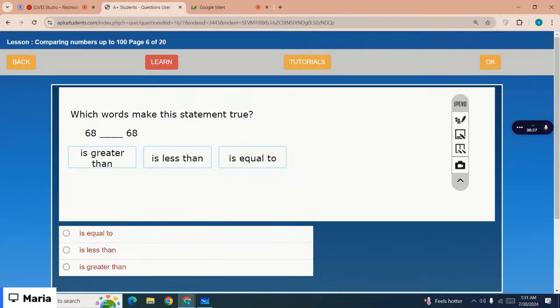Which words make the statement true? 68 and 68.